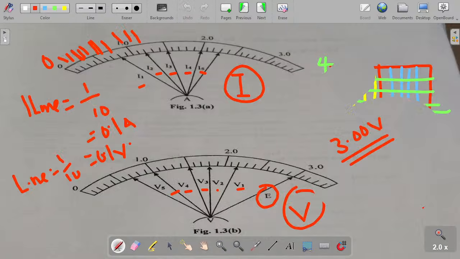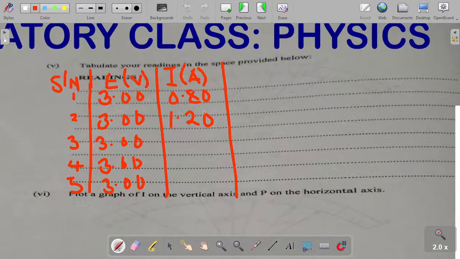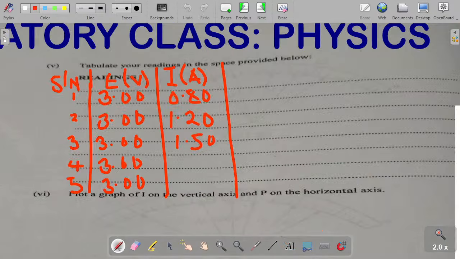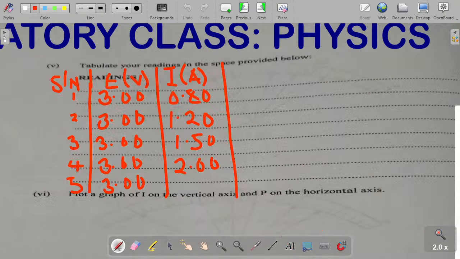Counting on, I3 is 1.50. Then I4 is 2.00, and I5 is 2.30.